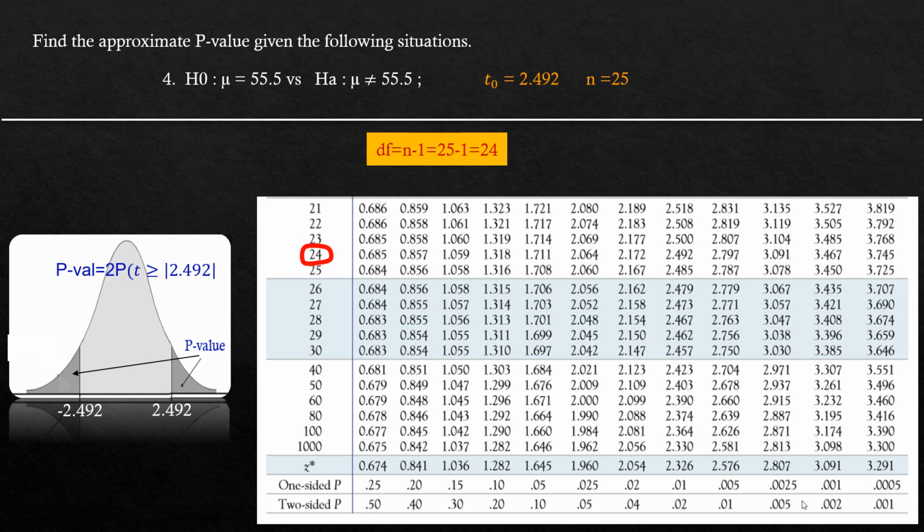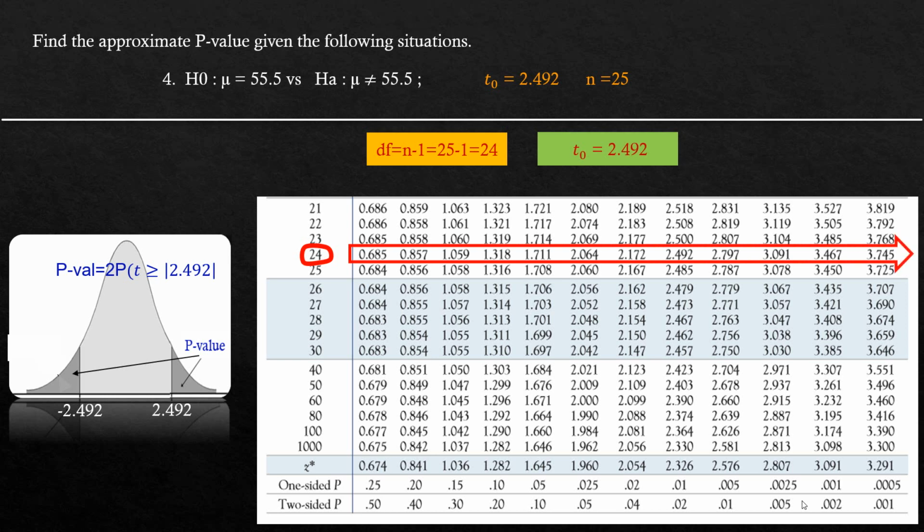Once we have the degrees of freedom, go back to t naught, our test statistic, 2.492. Can we see 2.492 in this row? Yes, we do have it, it is here, 2.492.